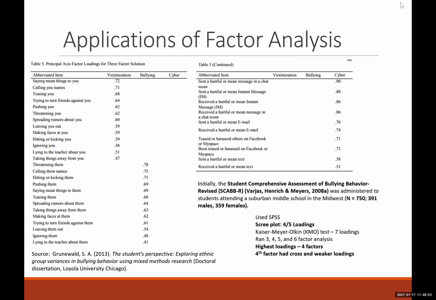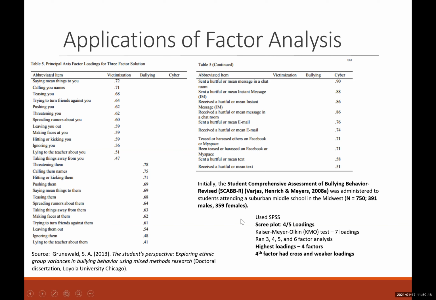One student that I was helping was running a doctoral dissertation on bullying behavior in middle school students. So this was for school psychology. The doctoral student ran it on 750 middle school students.